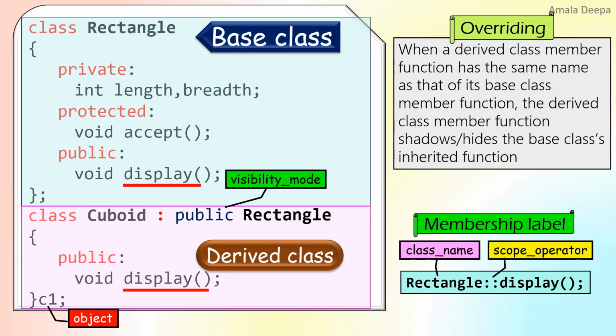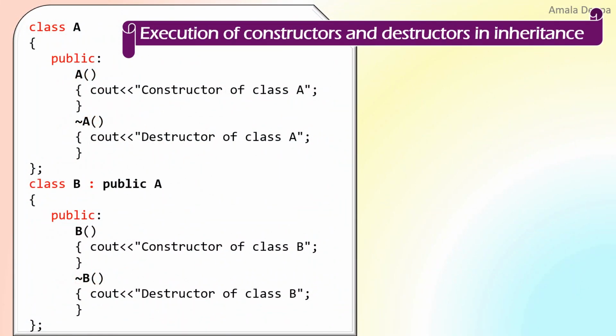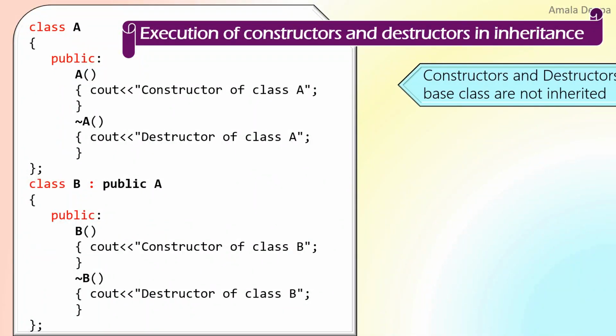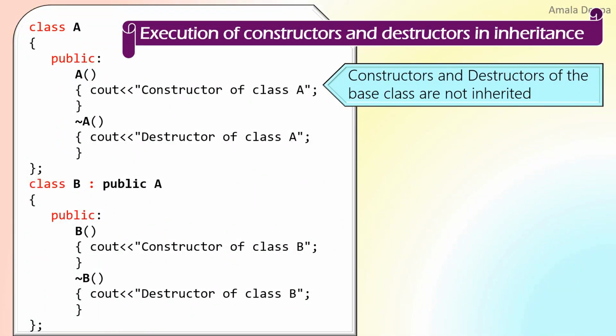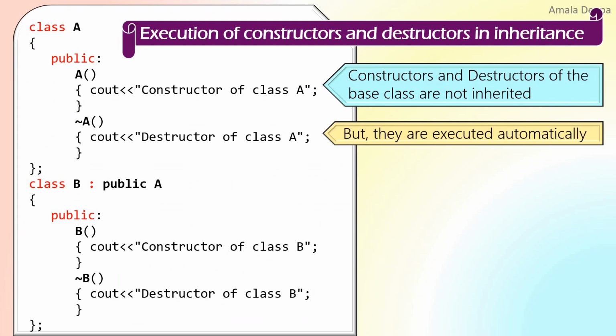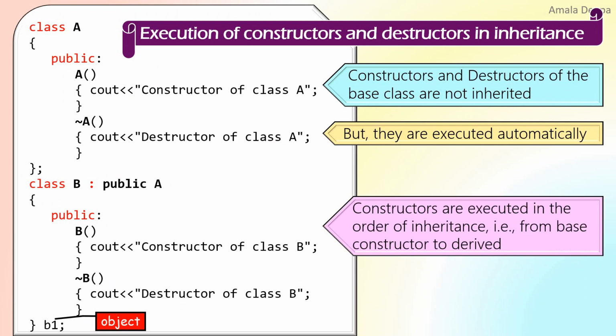Next, I will show you how constructors and destructors are executed in inheritance. During inheritance, constructors and destructors of the base class are not inherited by the derived class, but they are executed automatically. When I create an object of the derived class, here I have created an object B1 of the derived class B, the constructors are executed in the order of inheritance, that is from base constructor to derived.